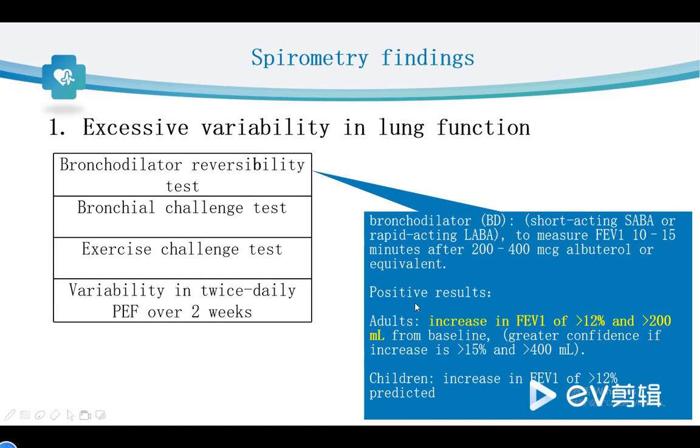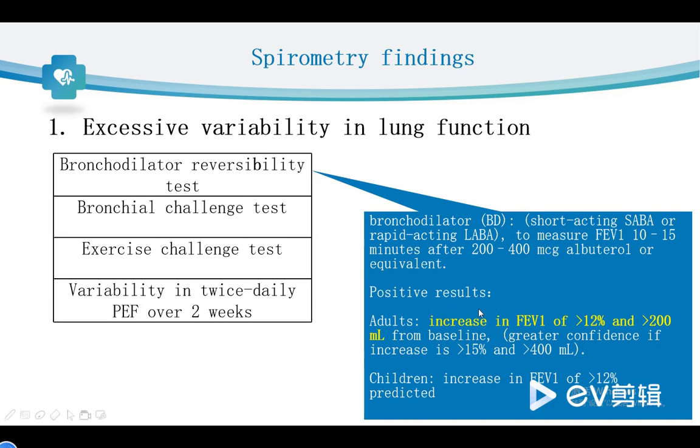And next, 10 to 15 minutes later, we will measure their FEV1 again and compare the results of these two examinations before and after using the bronchodilators.